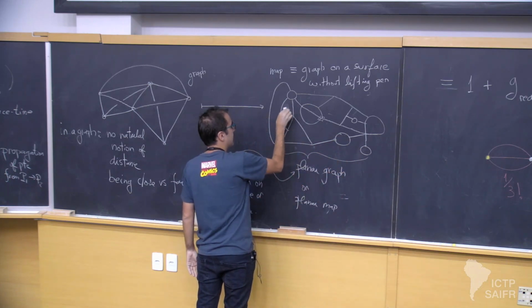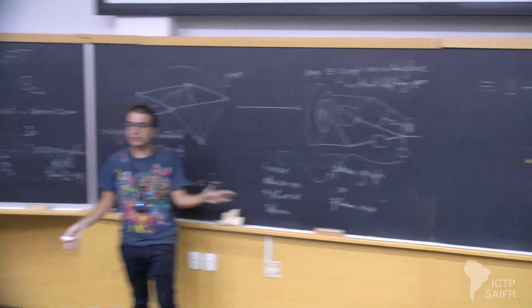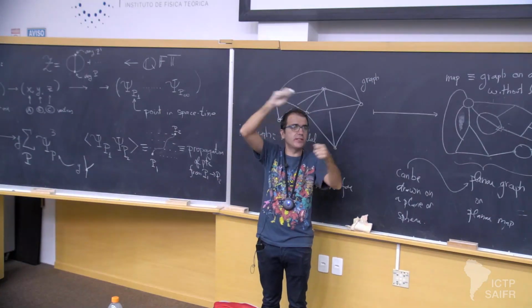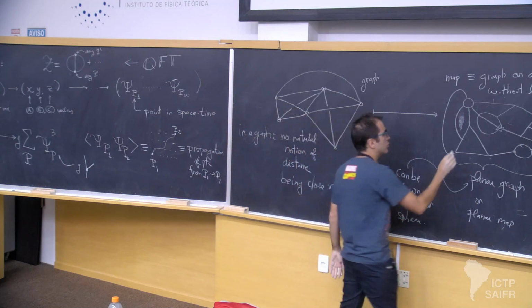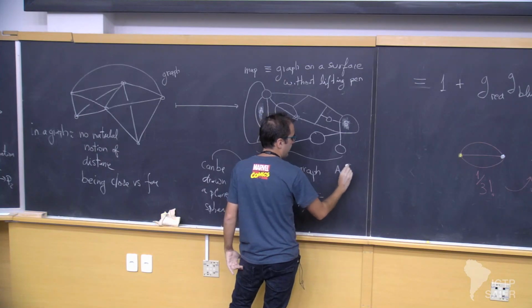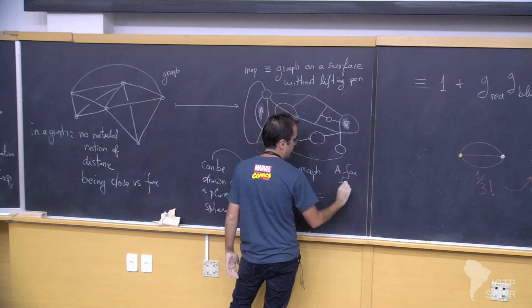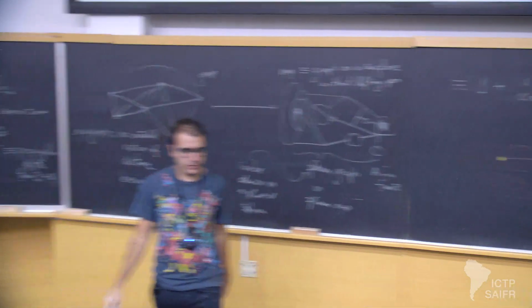Everyone would agree that this region here is far from that region there, right? Because now I cannot just reshuffle things. I cannot lift the pen. So there starts to be some notion of A and B, and A is far from B. Okay?